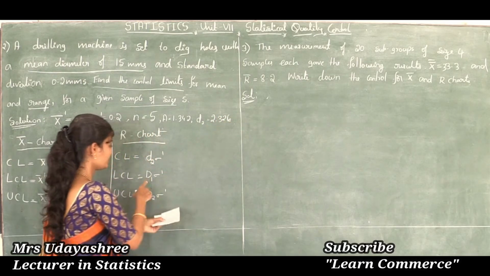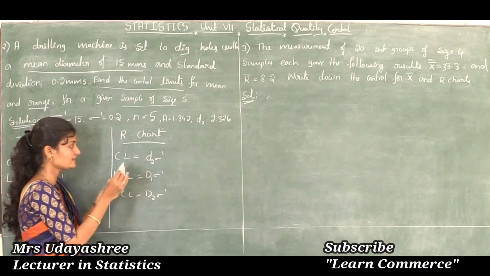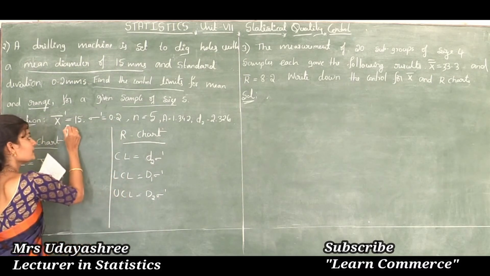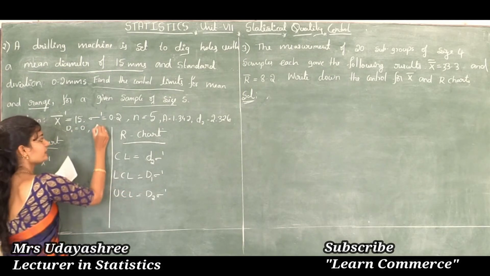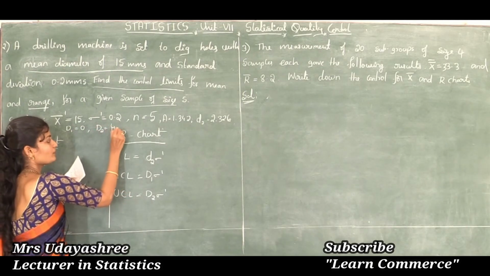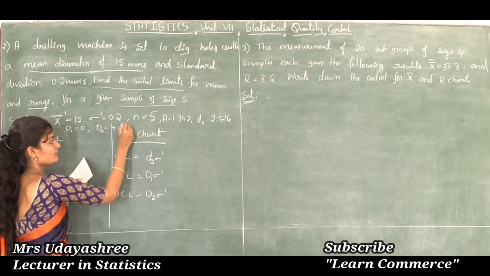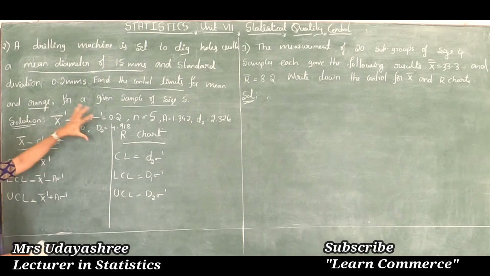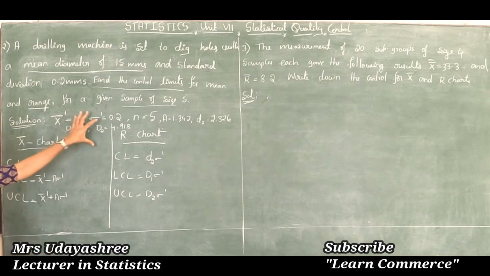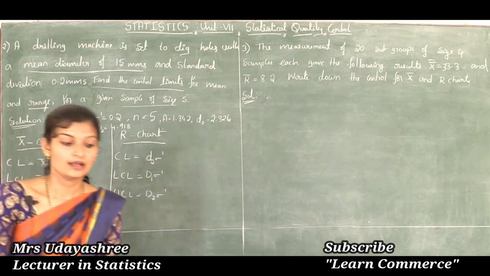Next we need D1 value, so D1 is 0. Next we need D2 value, so here D2 value is 4.918. See, these are table values. Now all the observations are available, so now I will substitute these observations into the formulas.